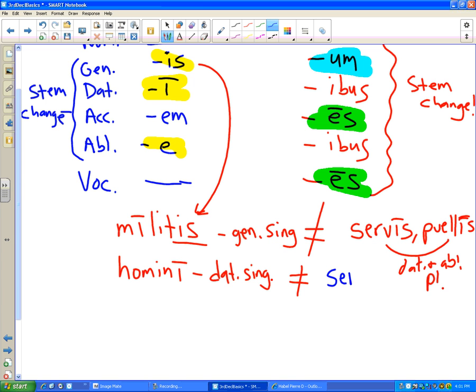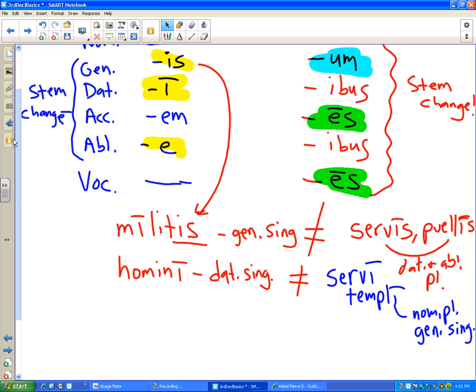It's not like servi, nominative plural, or templi, genitive singular. Okay. Again, on the second declension, the long i is either nominative plural in some cases, like servi, or genitive singular. On a third declension noun, you'll have to adjust that long i as the indicator of the dative. Okay. All right.